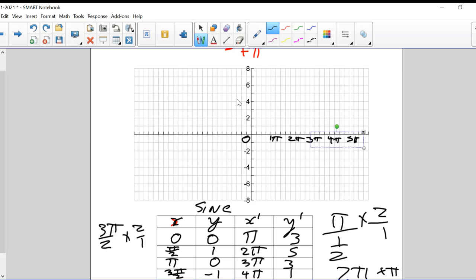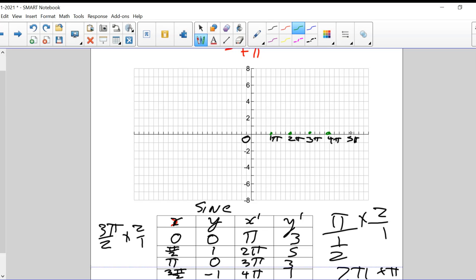All right, and let me make my points a little easier to spot. I'll mark them off in green right there. 1, 2, 3, 4 right there. There. There.